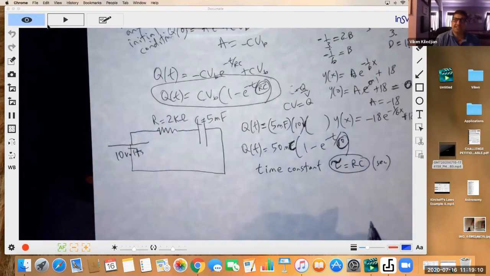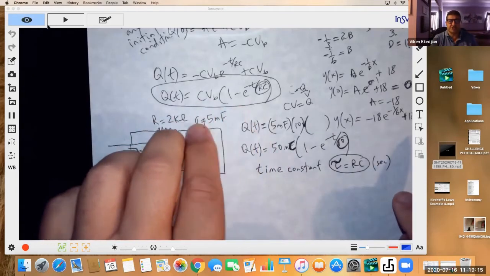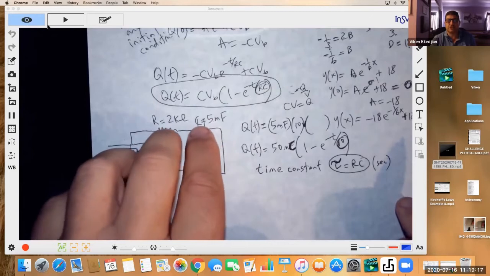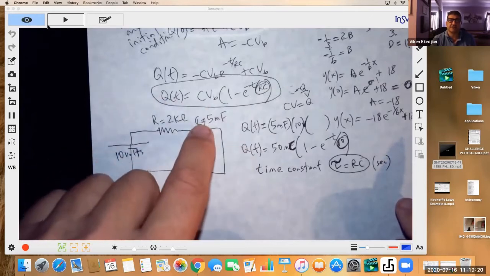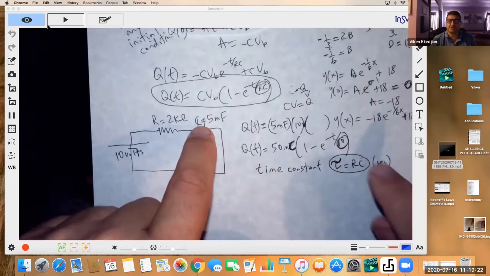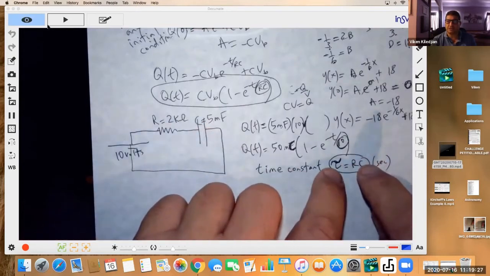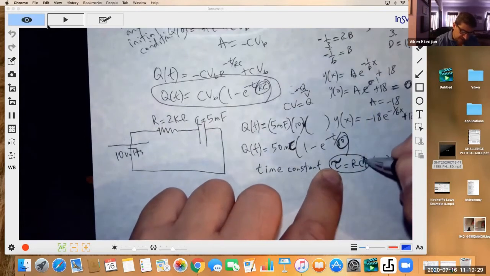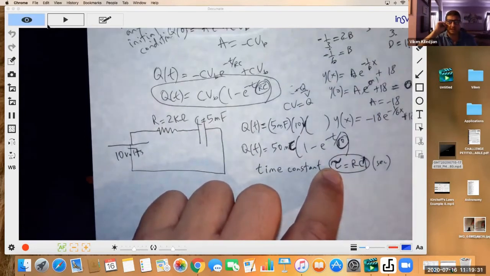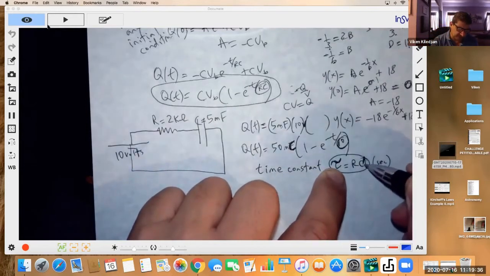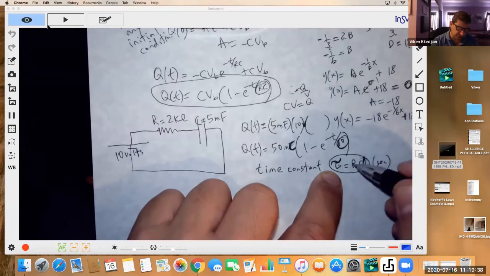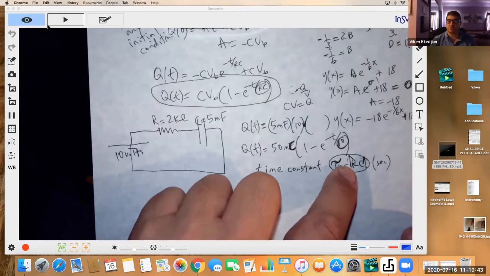So essentially, it's an indication of the speed at which this capacitor is charging in that circuit. The bigger the capacitor, the longer it will take to charge, right? So if this increases, then the time constant will also increase. If the resistance increases, the time constant will also increase.